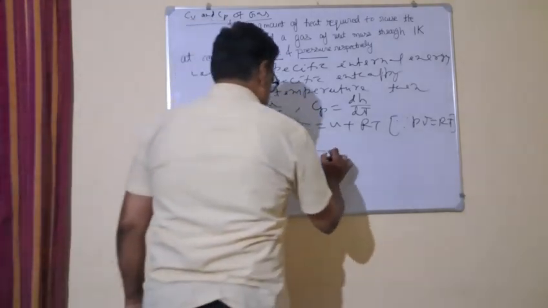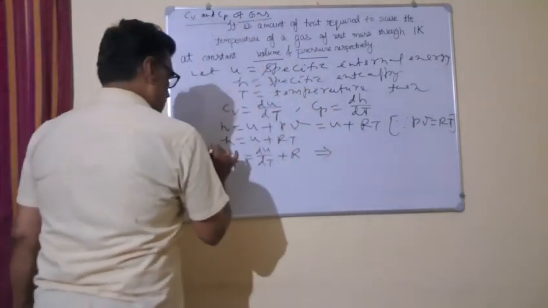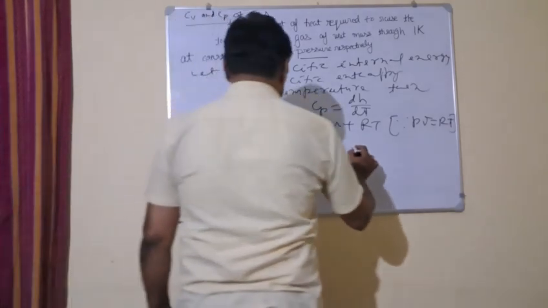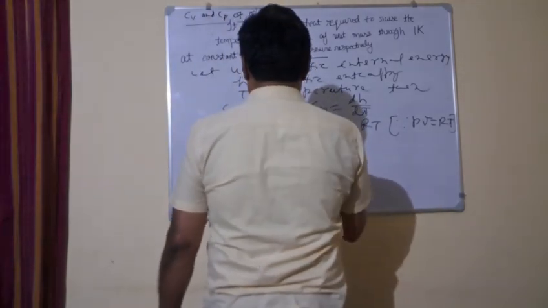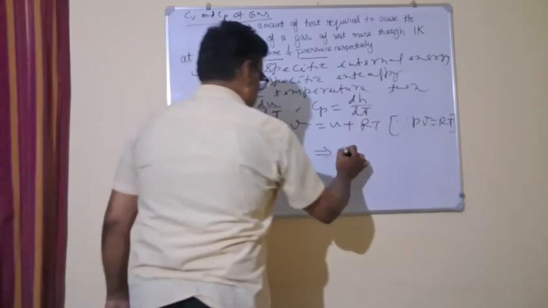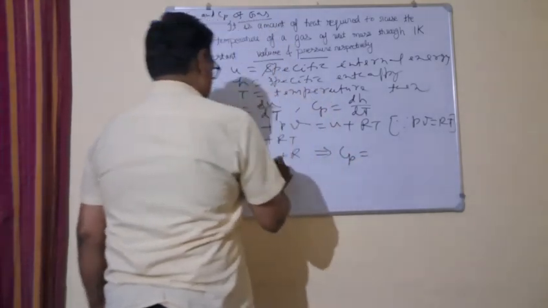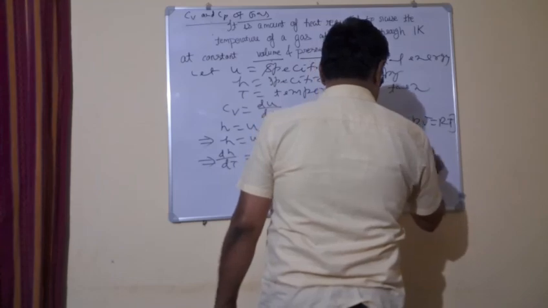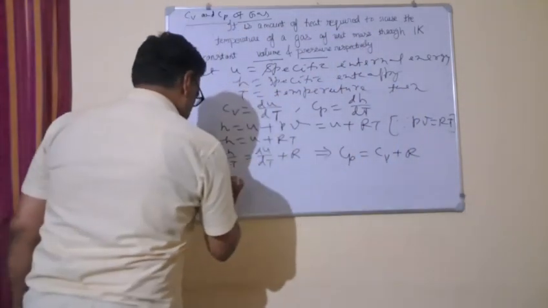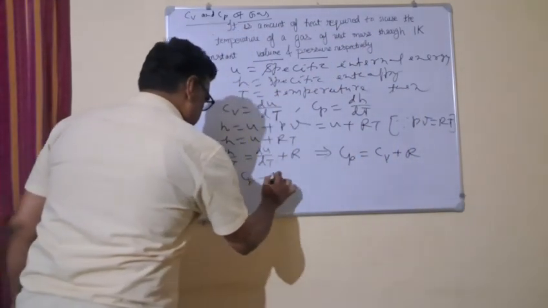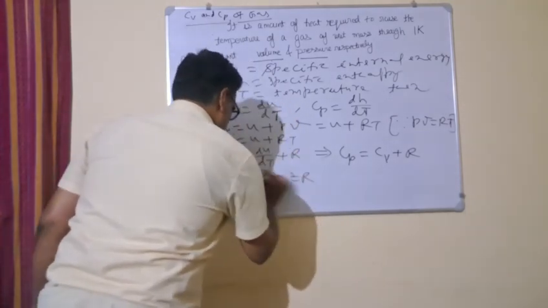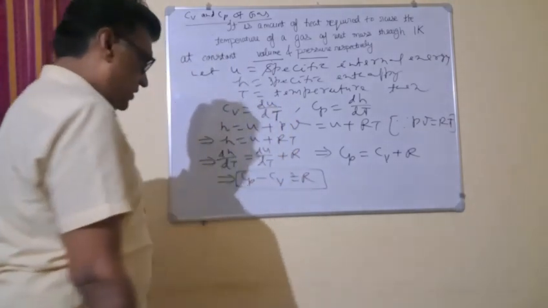Here dh upon dt is Cp, and du upon dt is Cv, and plus R. So from this you get Cp minus Cv equal to R. And this is quite an important relation.